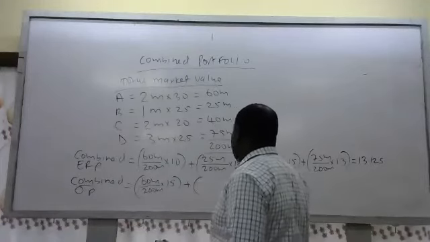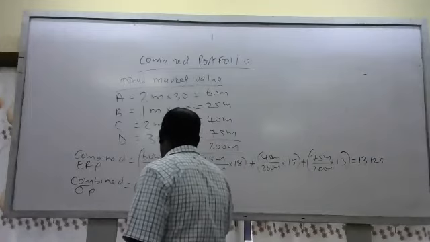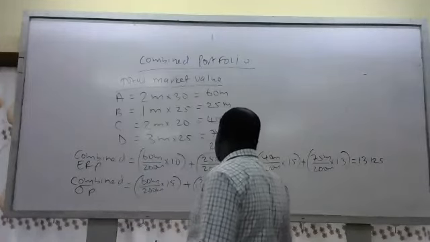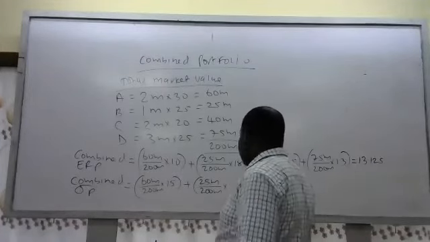Then we also add the next one, 25 million divided by 200 million. The standard deviation for B was given as 20.